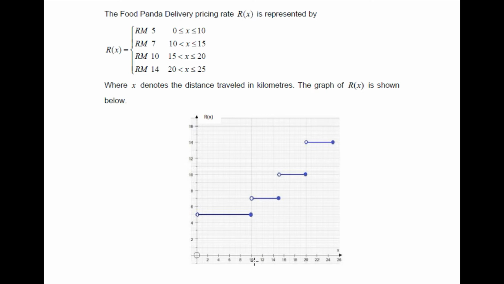Next, when the distance is more than 10 and less than or equal to 15, the price rate is 7 ringgit. Next, when the distance is more than 15 and less than or equal to 20, the price rate is 10 ringgit. And when the distance is more than 20 and less than or equal to 25, the price rate is 14 ringgit.